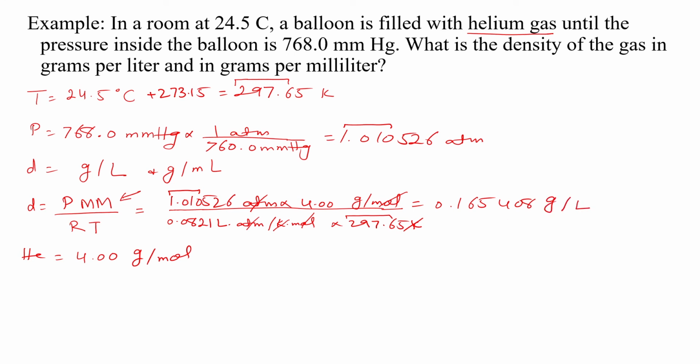Okay, so if we have to do the rounding here, you have 3 sig figs, 4 sig figs, 3 sig figs, and 4 sig figs. So 3 is the lowest number, so this is going to be your answer, 0.165 grams per liter. We also have to find density in grams per milliliter, so let's do this conversion here.